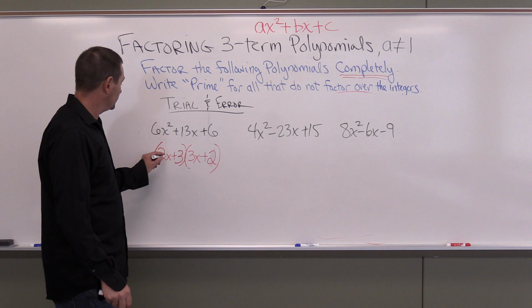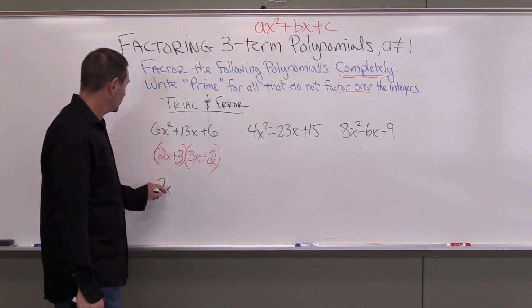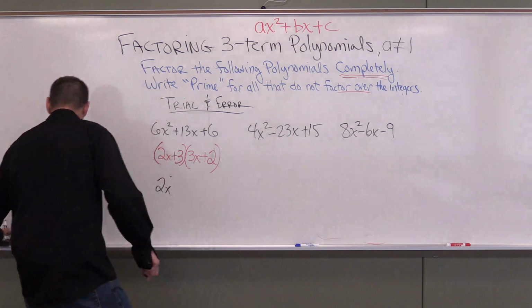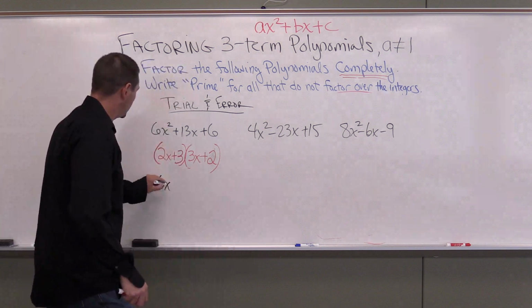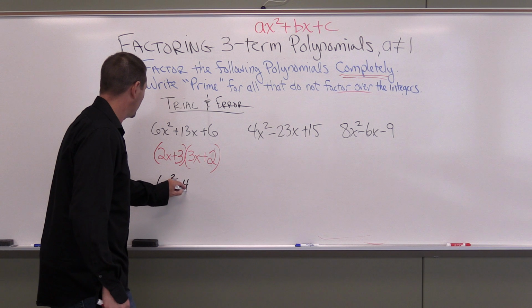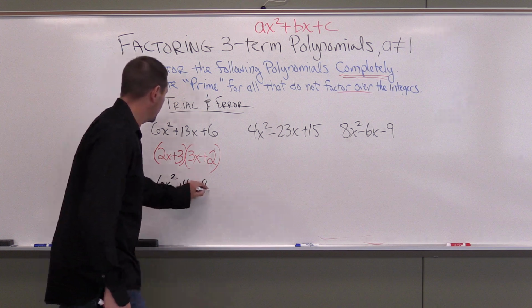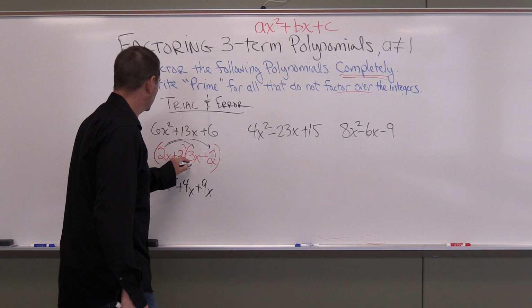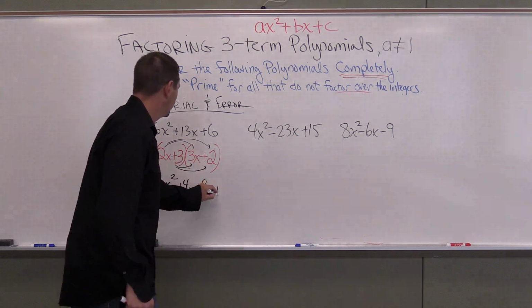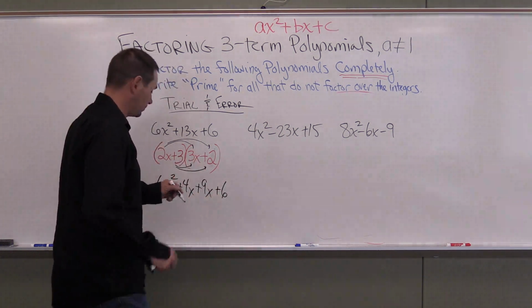So when you multiply this, you should get 6x squared plus 4x plus 9x. I'm using that distributive property. And then plus 6. Combine your middle terms.